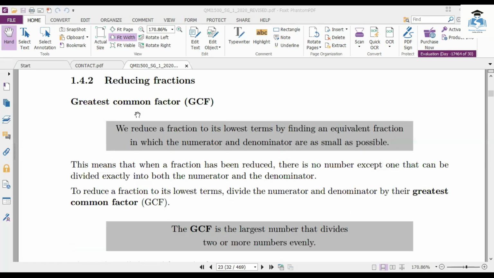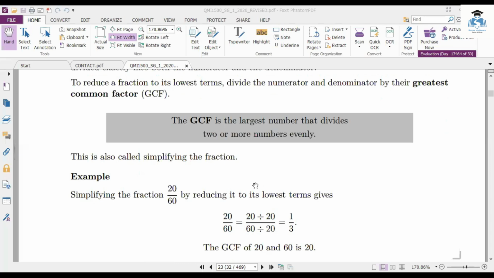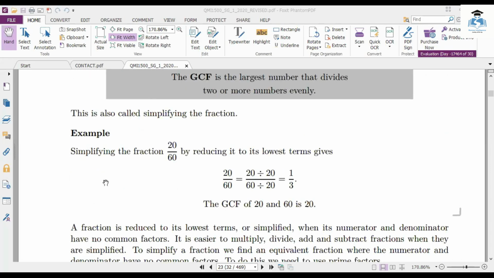So reducing fractions, there is what is known as the greatest common factor or the highest common factor. Reduce a fraction to its lowest term by finding an equivalent fraction in which the numerator and denominator are as small as possible. That's what we did that time.